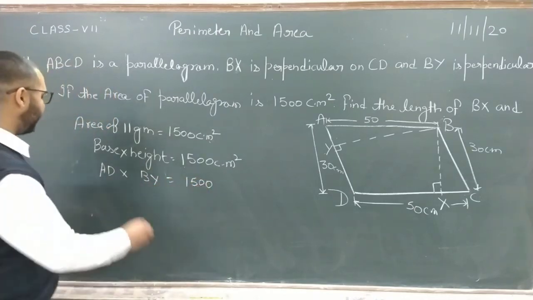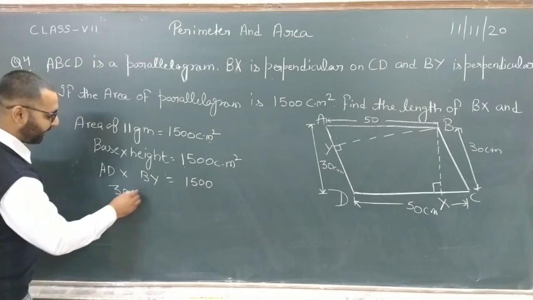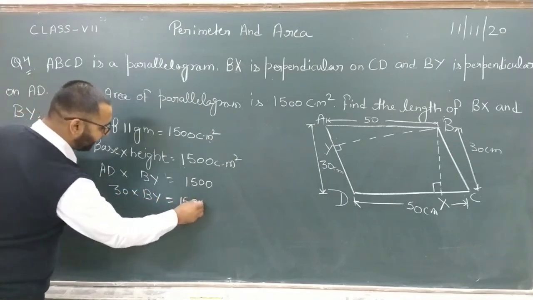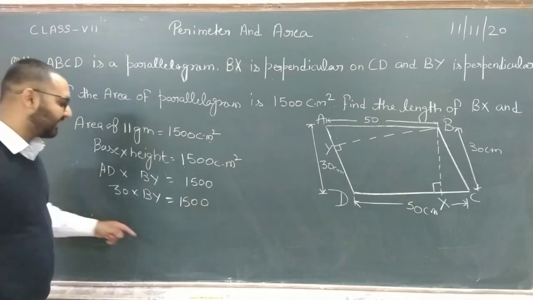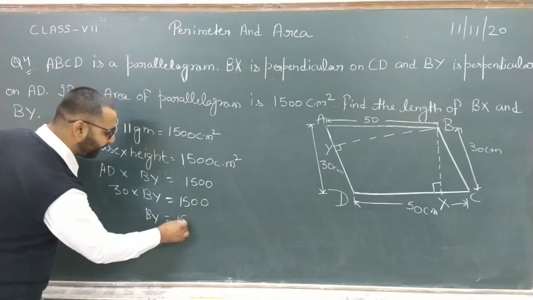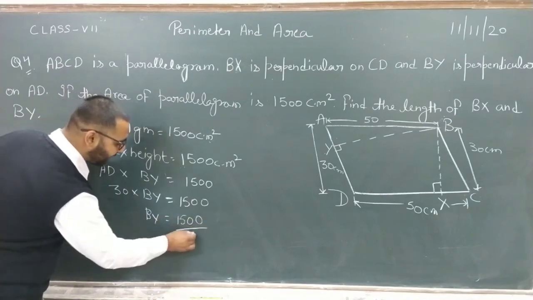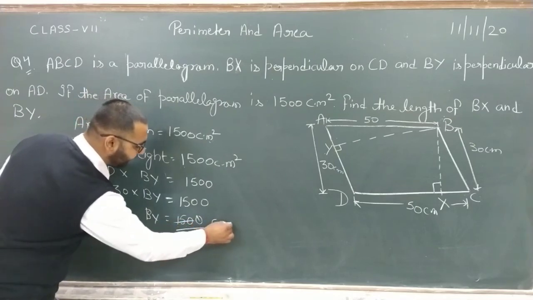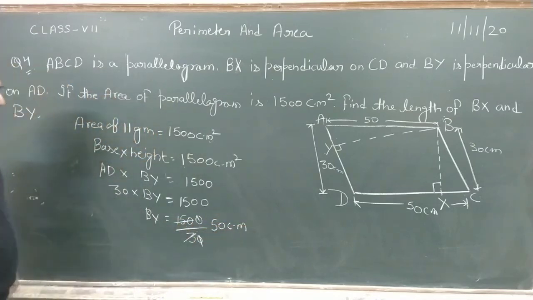Now the value of AD is 30, but BY is not given to us. So because 30 is in multiplication, that side it will go in division. So BY will be 1500 divided by 30, 0 0 cancel, answer will be 50 centimeter.